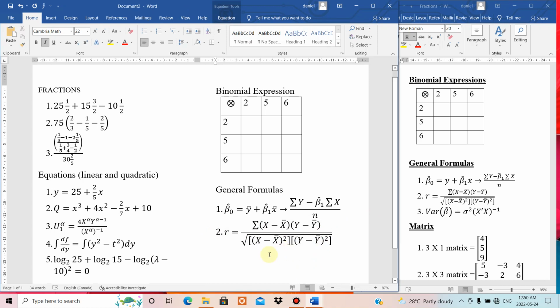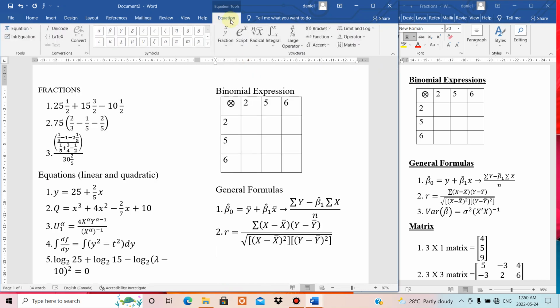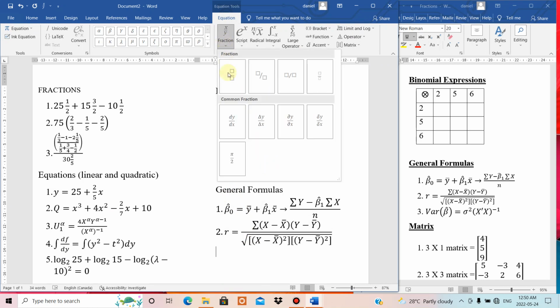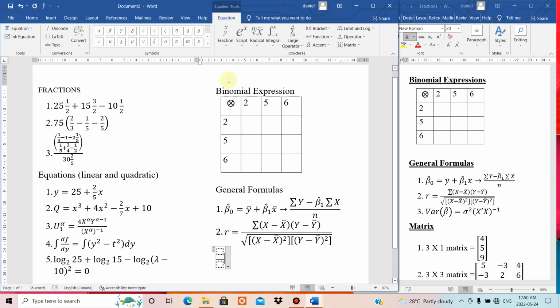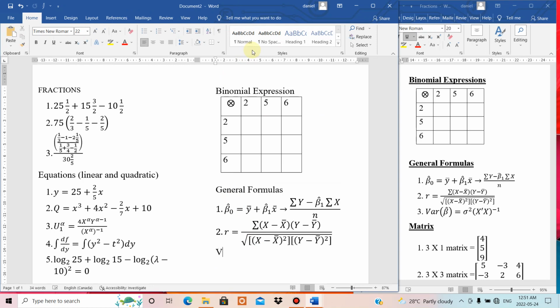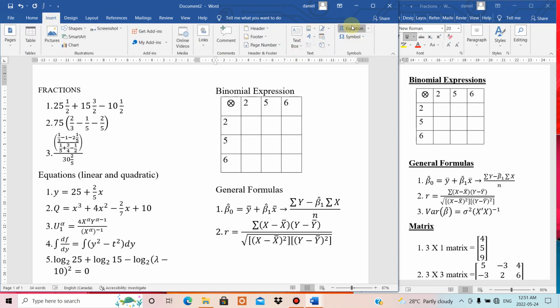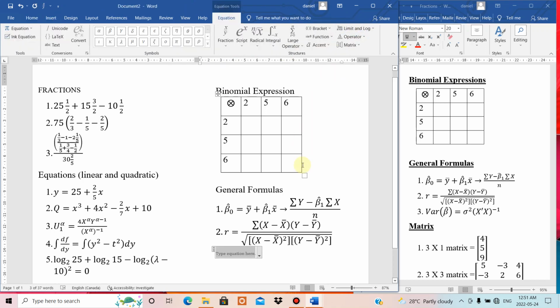Our variance of beta hat. So quickly, variance of beta hat.